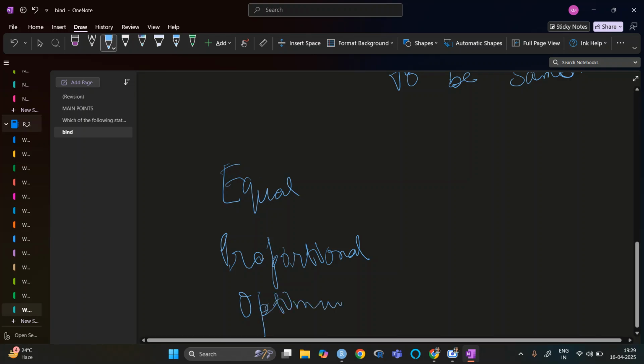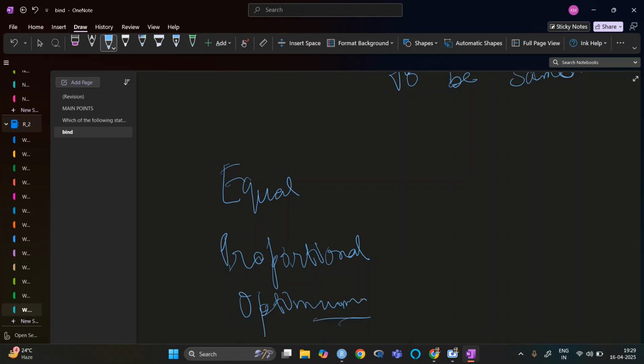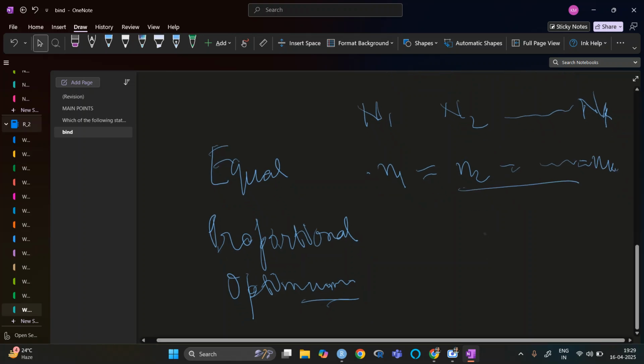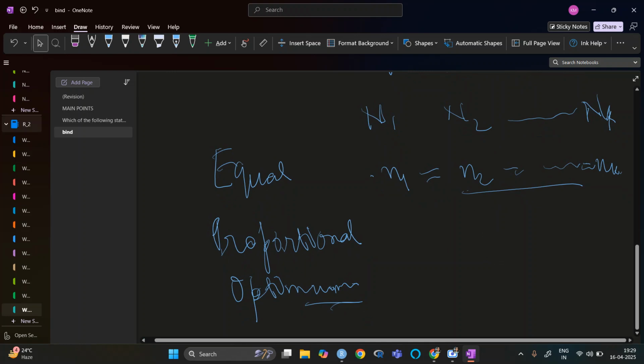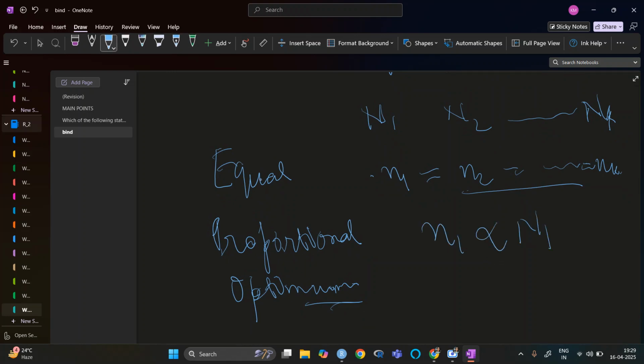In equal allocation, say you have n1, n2 up to nk, then n1 equals n2 equals nk, so each stratum has an equal number of samples. In proportional, n1 is proportional to capital N1.